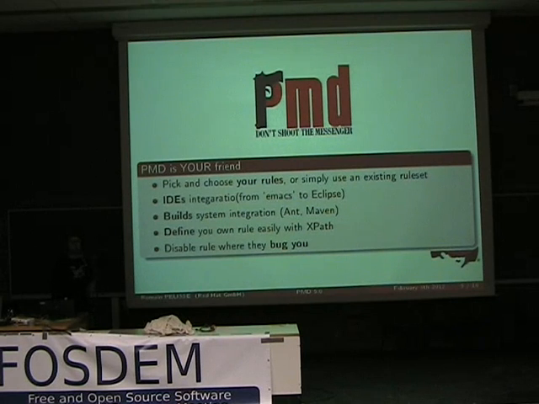So if you don't want to have it in your IDE, but you want to have it in your build, you can also do it. You can define your own rules using XPath, which is basically the most useful part of PMD. And of course, if at some point there is this big class in your code that you don't want to change and you don't want PMD to keep bugging you about it, you can disable PMD on this class.